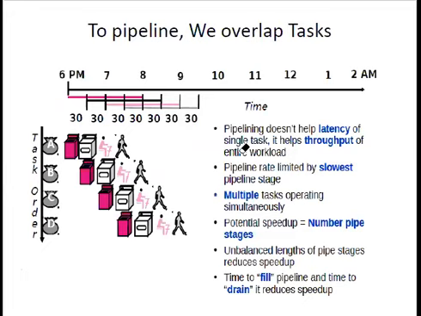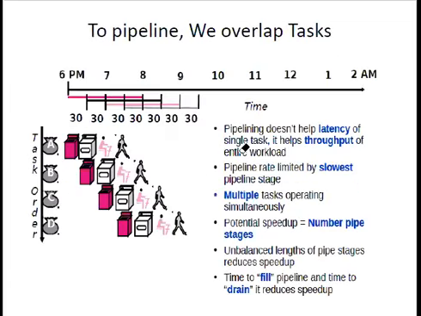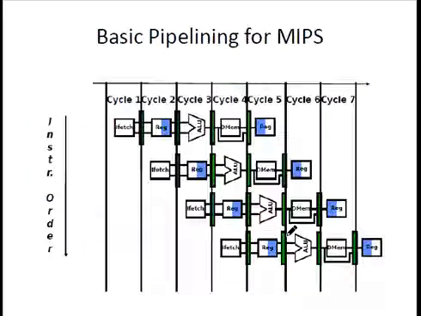Whereas when these steps were carried out in a pipeline structure, the time taken to complete the process decreased thoroughly. So it does not help with the latency, but it helps with the throughput. We saw what latency and throughput are.